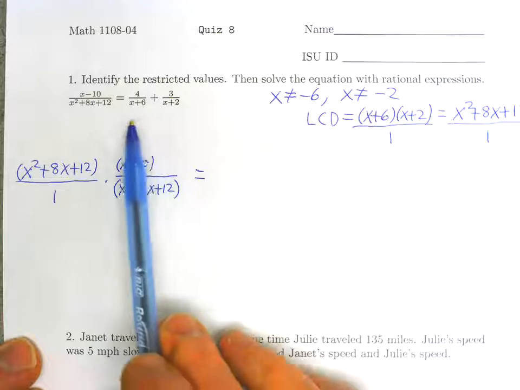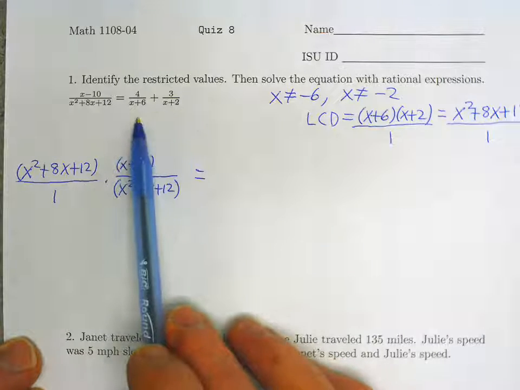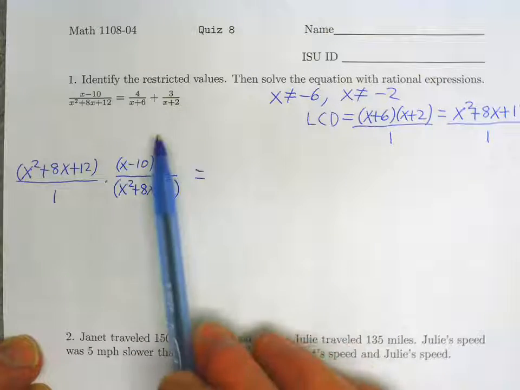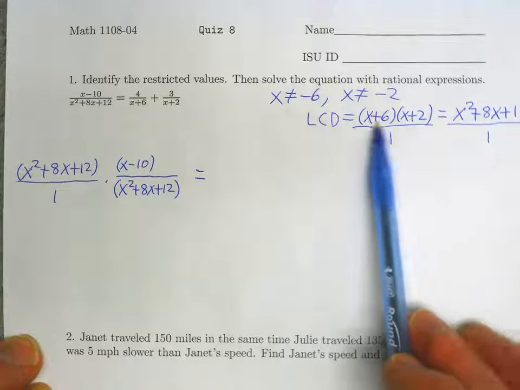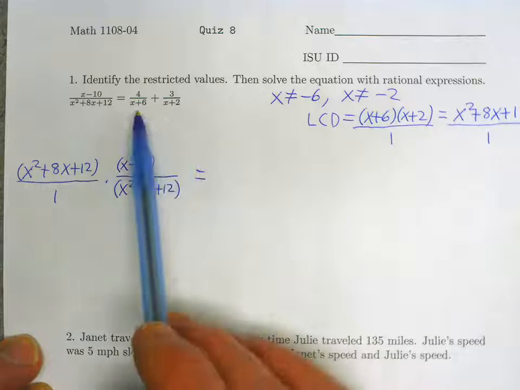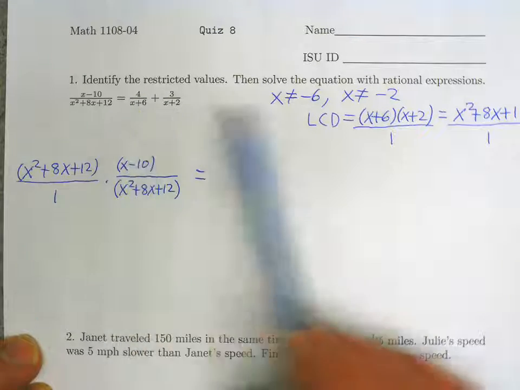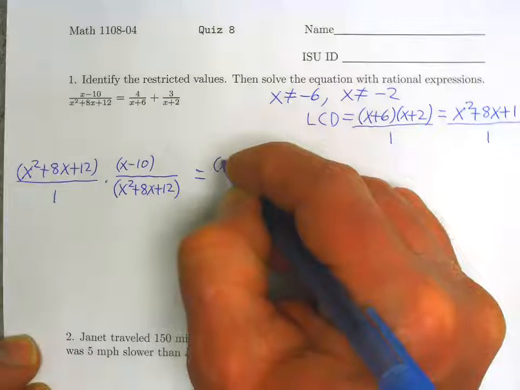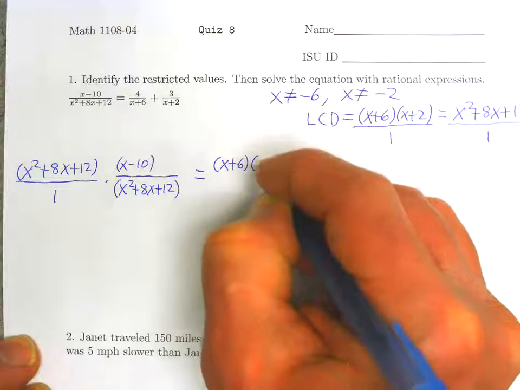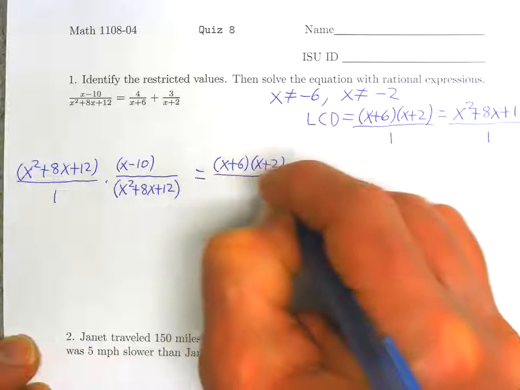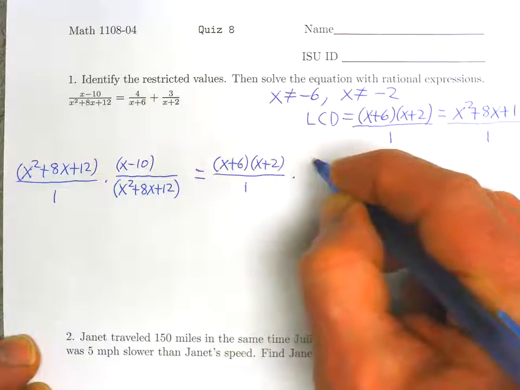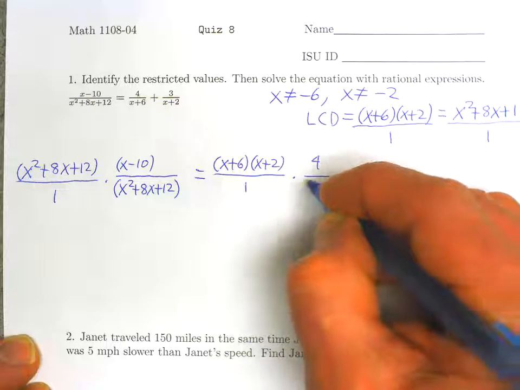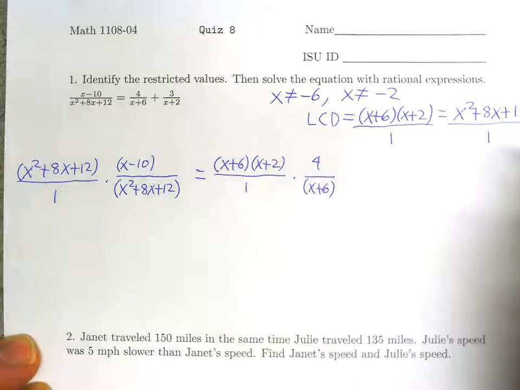And then multiply each of the two terms on the right-hand side by the least common denominator. This time I'm going to use the factored forms, since each of those two denominators involves one of those factors. So we write x plus 6 times x plus 2 over 1 times 4 over x plus 6.